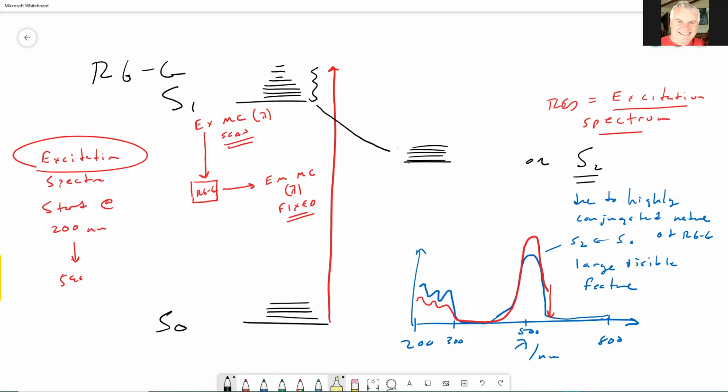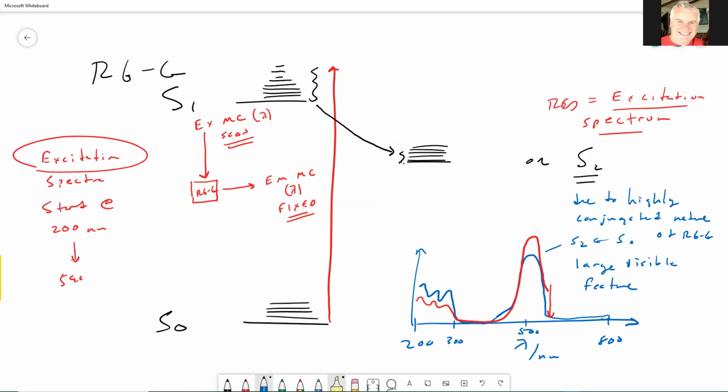And that state decays into this state. And that state decays down there. Well, that state then decays down here, and then that emits light. Let me see. I need a new color here for emission.